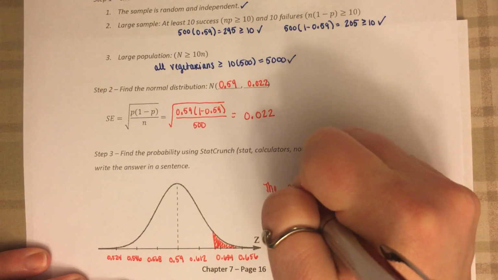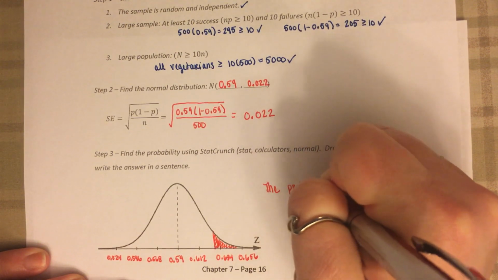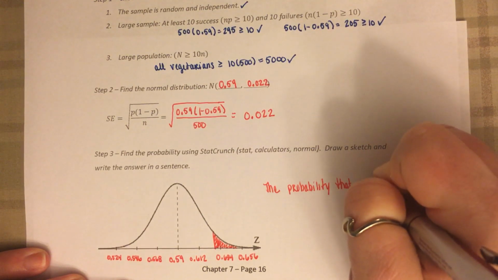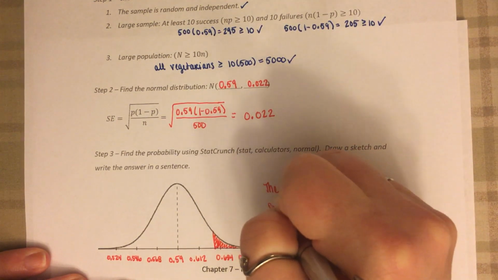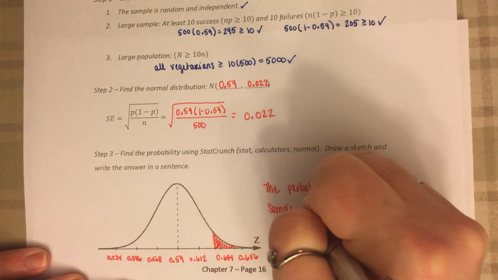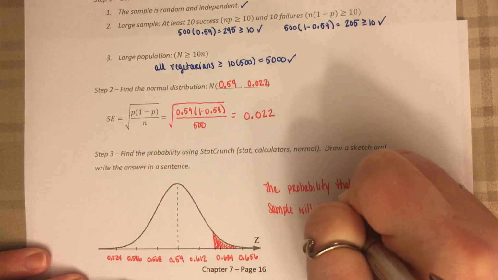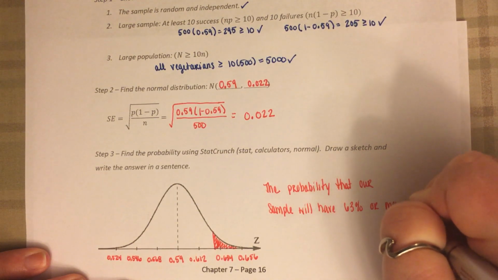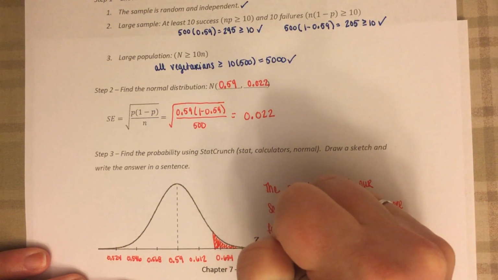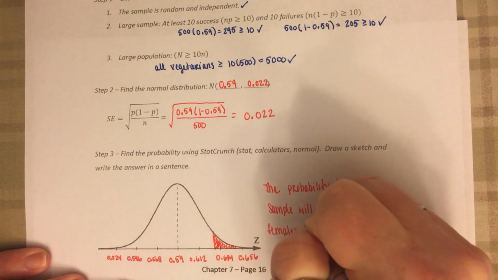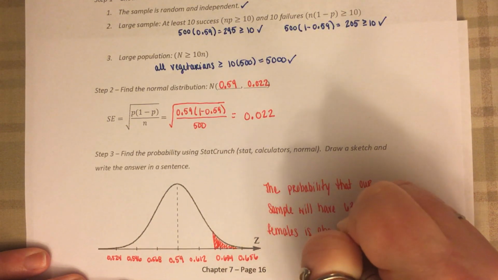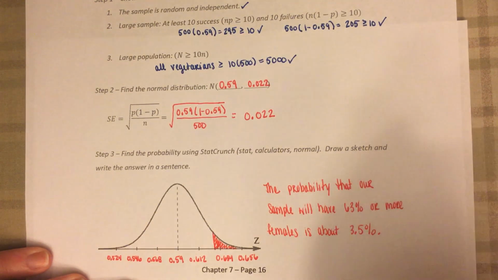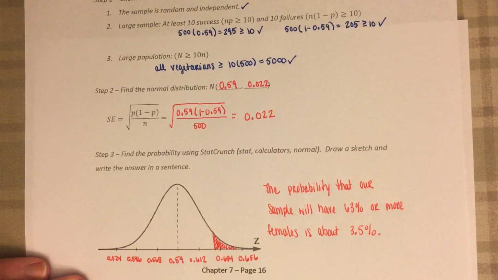So the probability that our sample will have 63% or more females is about 3.5%. Again, that 3.5% was generated using StatCrunch.